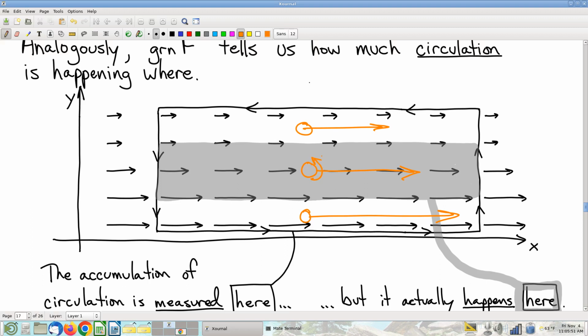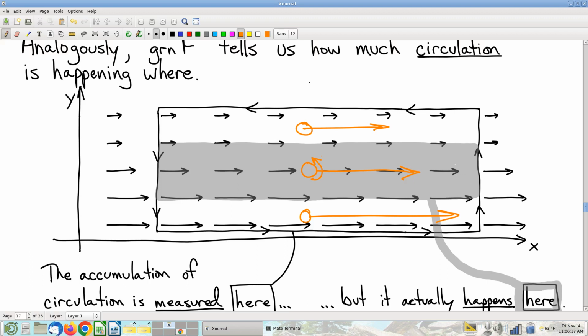My claim that this will be rotating is, look, it's being pushed faster on the bottom side and slower on the top side. So you would expect this leaf to do this move as it goes downstream, and if you look at leaves floating down a river, they tend to have a little rotation to them.